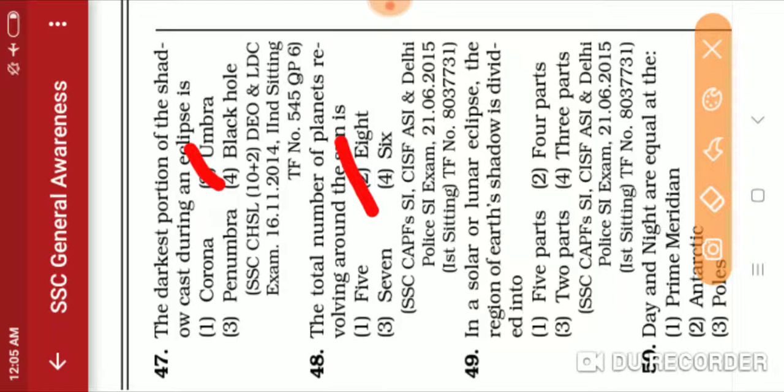In the solar or the lunar eclipse, the region of the earth's shadow is divided into how many? It is 3 parts. Earth's shadow gets divided into 3 parts. One is umbra, the darkest part, one is penumbra, and one more. 3 parts. Always remember.